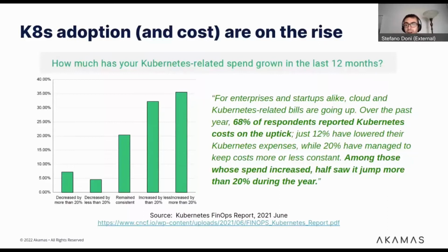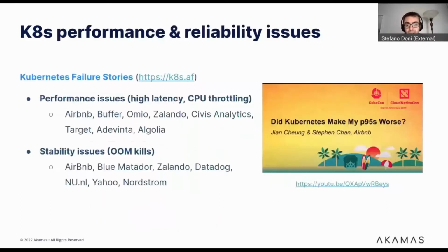But it's not only cost, actually. If you look at the early adopters of Kubernetes, most of them very mature and highly skilled organizations in the Silicon Valley area, we see that they also experience quite a bit of performance and reliability issues in the applications running on Kubernetes.